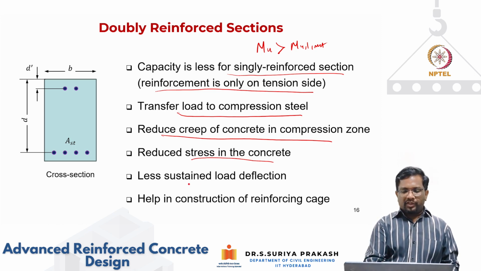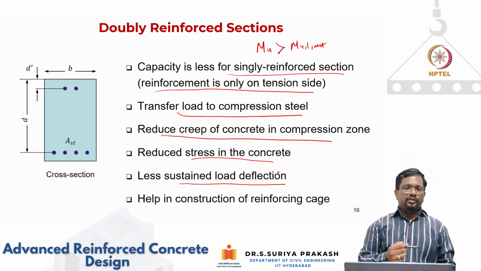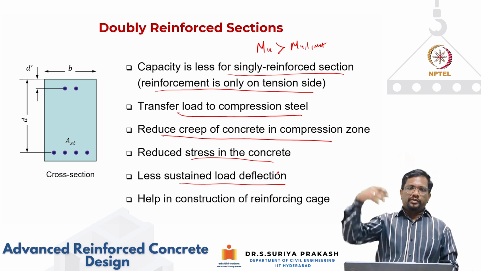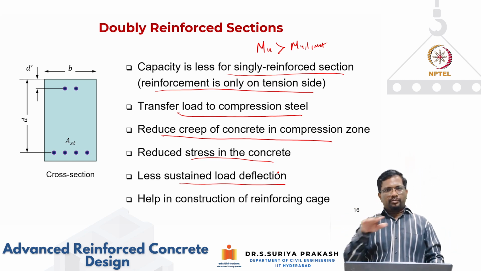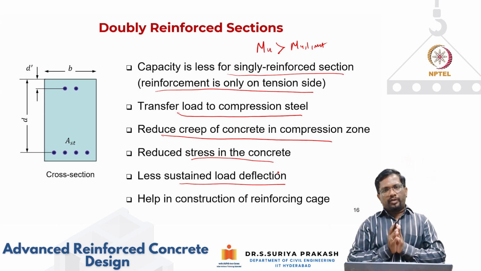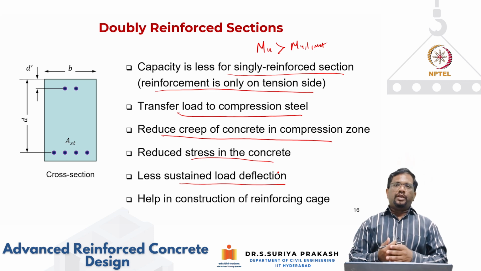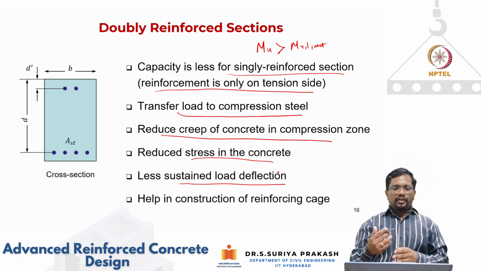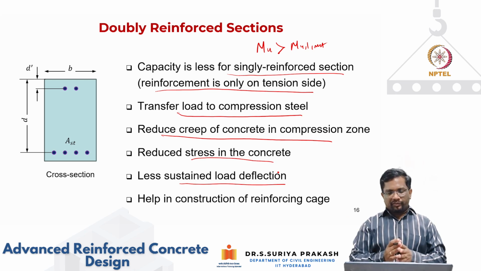Again, we have seen this in the previous parts of the module. Providing compression steel will help in reducing the sustained load deflection, because for short-term deflections, when the load increases, deflection increases. But when the load is remaining constant, the deflection will not remain constant. The deflection will keep on increasing. That's what we call long-term deflection. That happens under sustained load of dead load and some fraction of your live load.